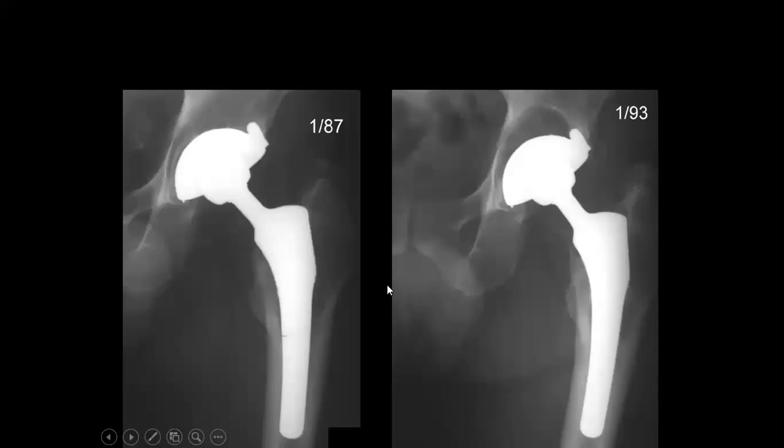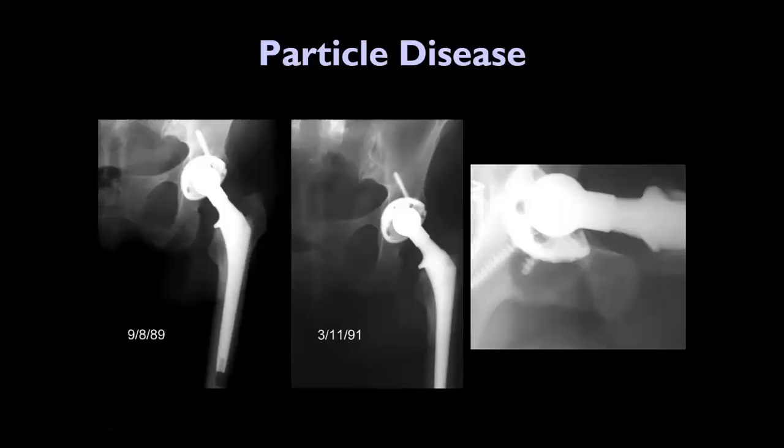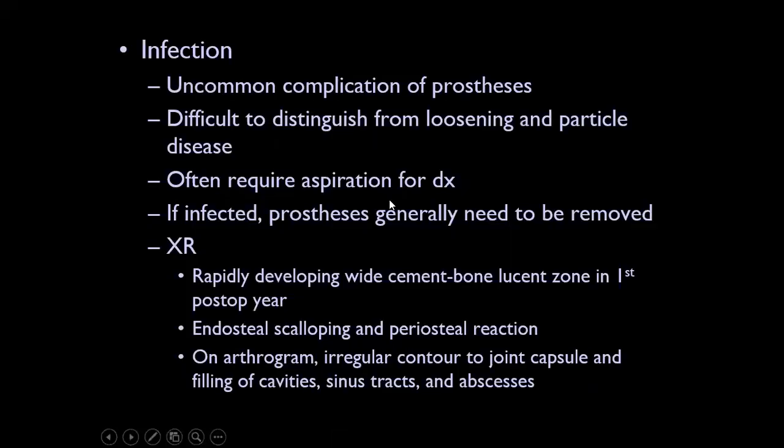This appearance, you find this osteolysis. So this is what is called particle disease. Okay, sure that you will check for infection, as we mentioned, and sometimes it requires aspiration.